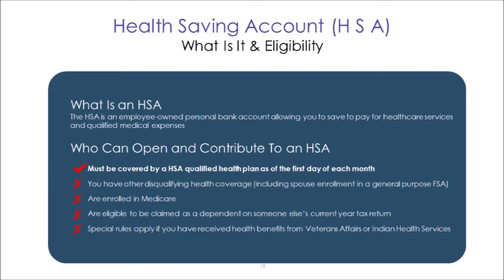You must be covered by a qualified high-deductible health plan, or HDHP. You cannot be enrolled in a general-purpose FSA with Twist or through your spouse's employer. You also cannot be enrolled in Medicare or be claimed as a dependent on your spouse's tax return.